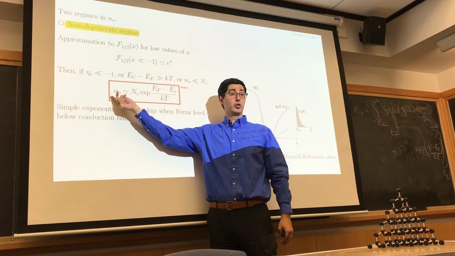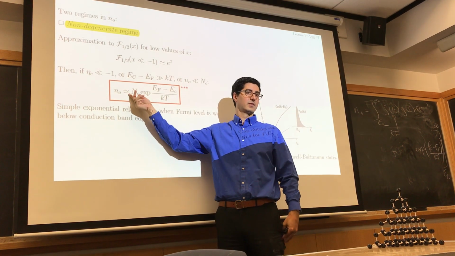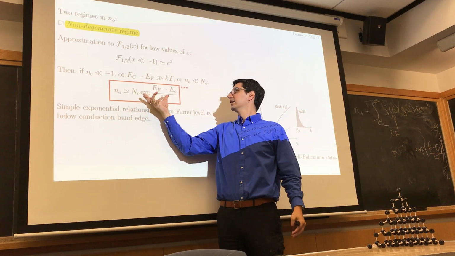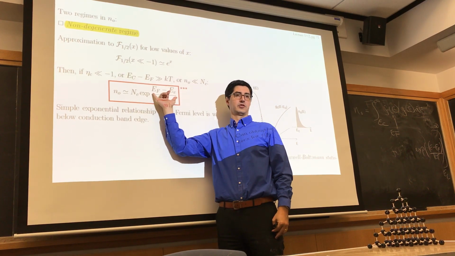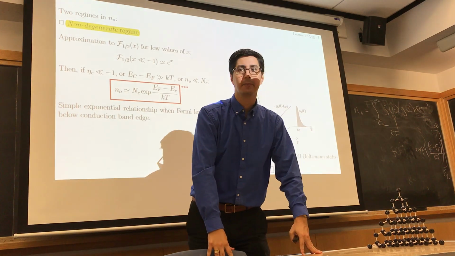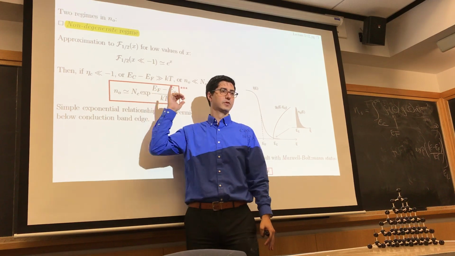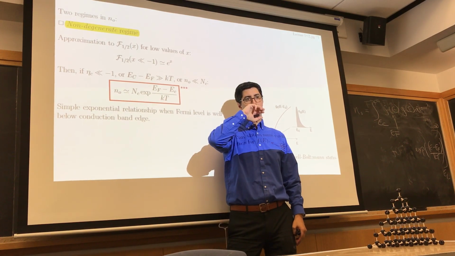So this is telling me the number of electrons in the conduction band is equal to this effective density of states, weighted by some probability, times this exponential function. And this exponential function, where's that coming from? What's giving me this exponential function? Probability.